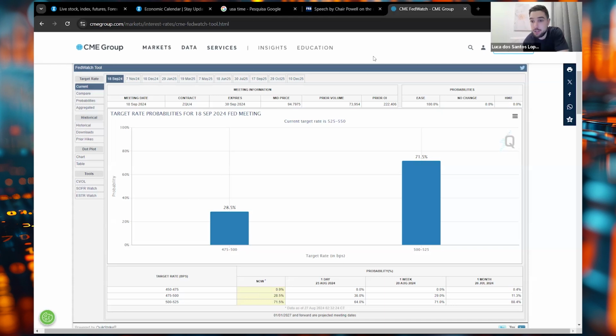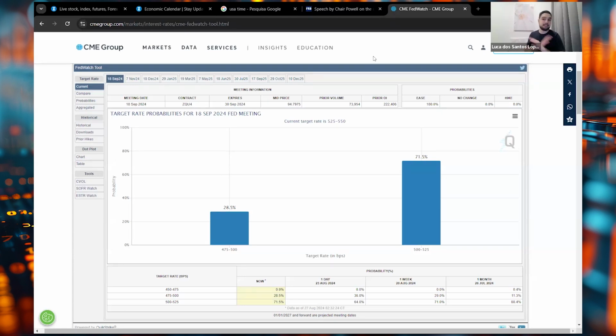So I do expect a cut of 25 basis points. I was expecting 50. A cheeky 50 would be awesome, but I'm not expecting a 50 anymore. I'm expecting 25, and I'm foreseeing one more cut in quarter 4.